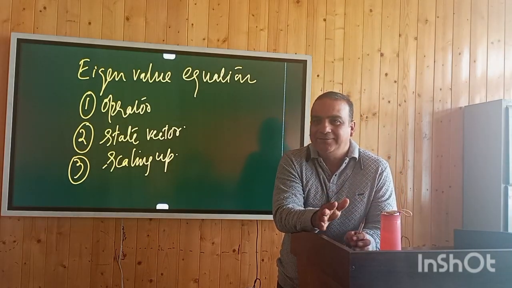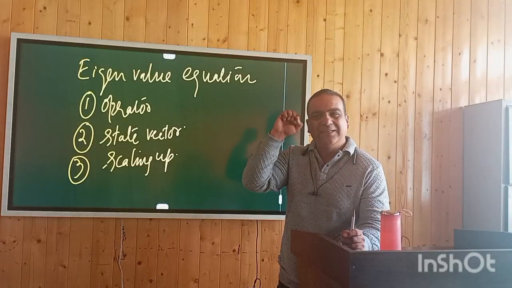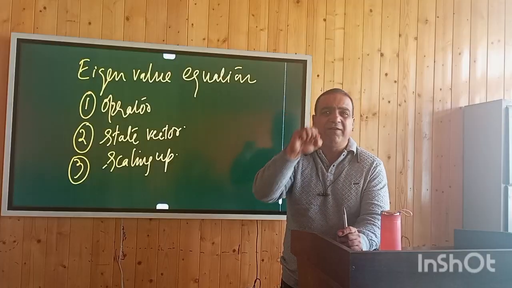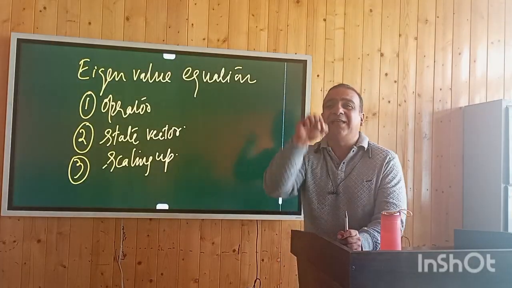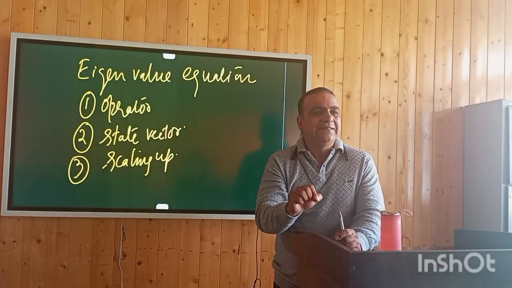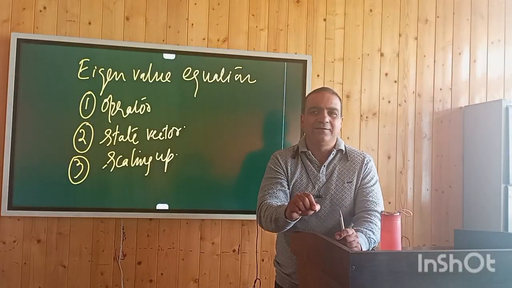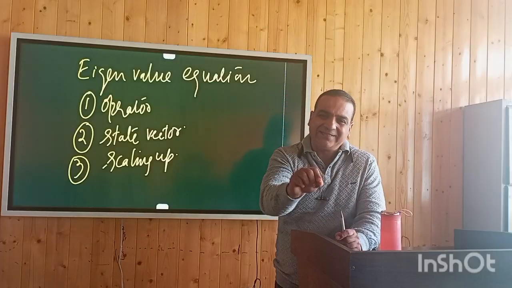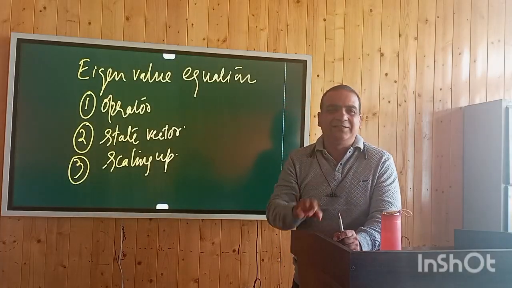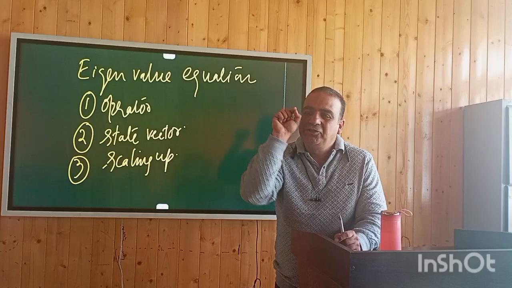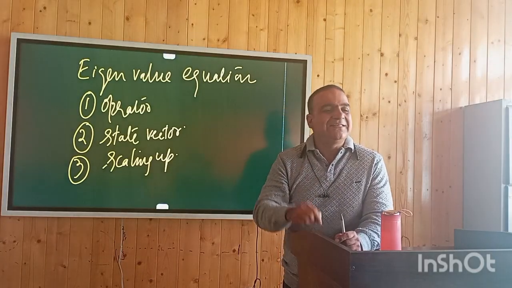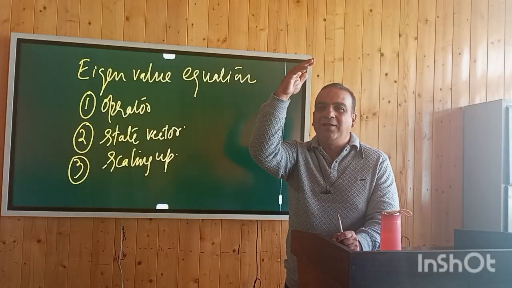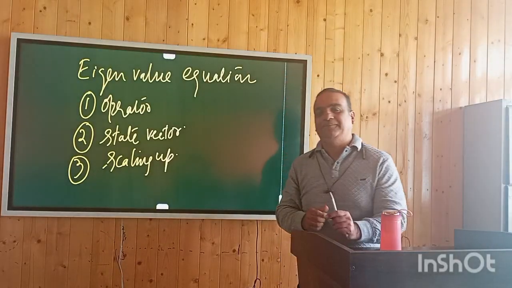Are you getting my point? You have an operator capable of doing everything in the Hilbert space. It can change every vector in the Hilbert space. It encounters a vector that tells it, come on, you can touch me. The operator acts on this vector. The vector does not change. Instead, it comes up with numbers, either increasing or decreasing.